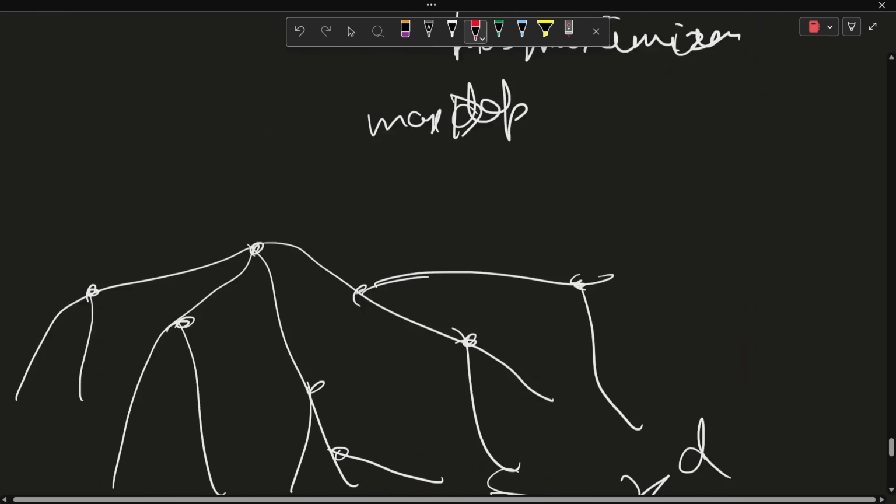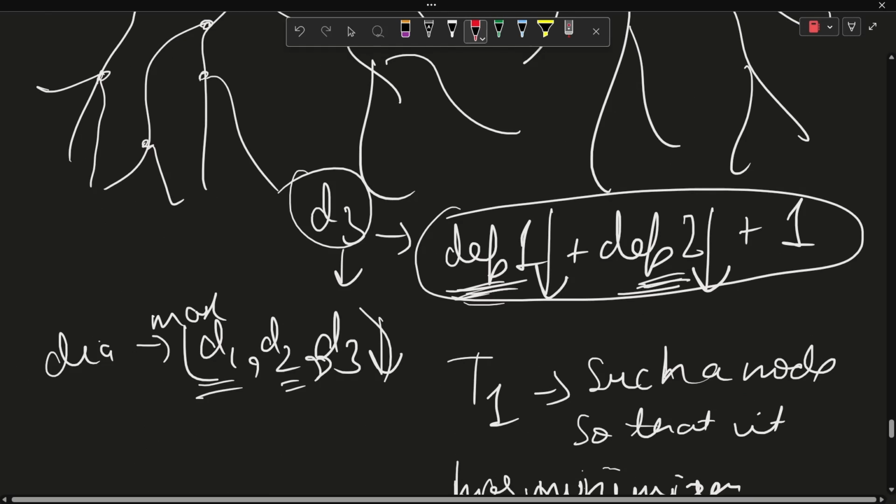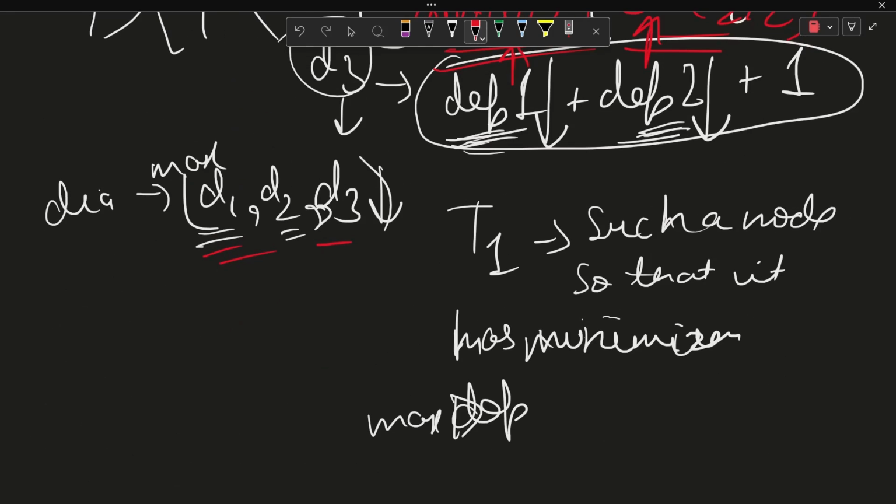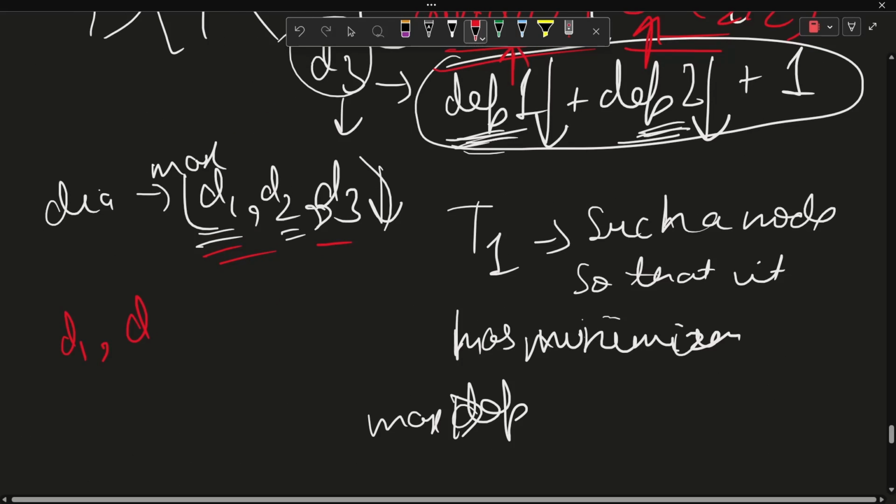So we can conclude that depth 1 is ceil of d1 by 2 and depth 2 is ceil of d2 by 2. It just means your final answer is going to be the max among d1, d2 and d1 by 2 ceil plus d2 by 2 ceil plus 1.